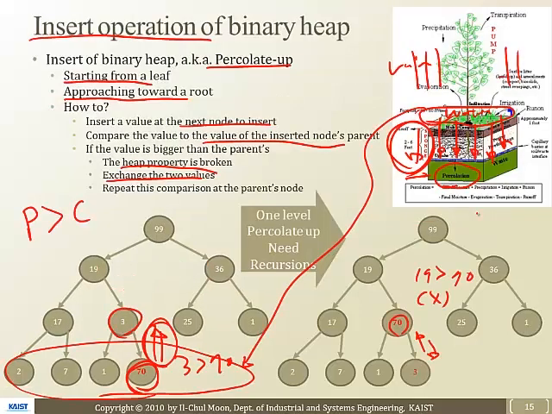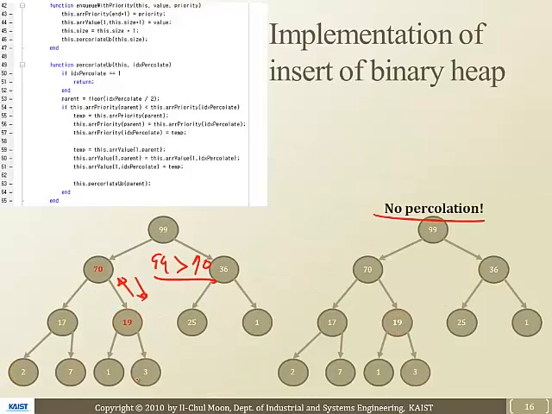When we inserted 70 here, we kept the shape property, but the heap property was broken. By going through this percolation up process, now we have 70 in the right place, and neither the heap property nor the shape property is broken, right? So that's how we insert a node in the binary heap.